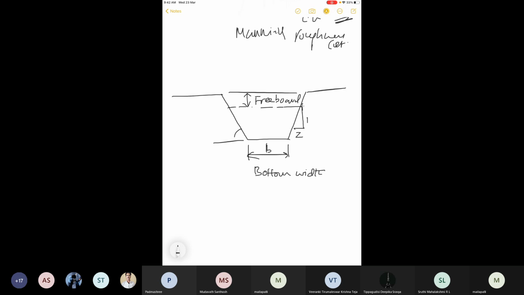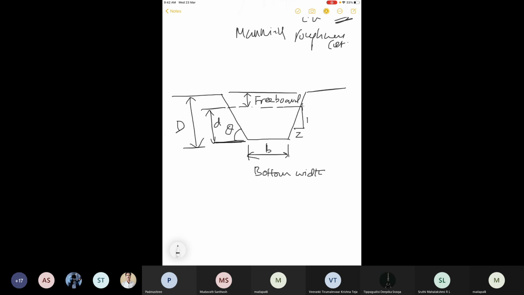And then you have theta here. This is the channel slope, I mean the angle between the bottom and the channel side. And this is the depth of the channel. The maximum depth, capital D, is the total depth, you can say.